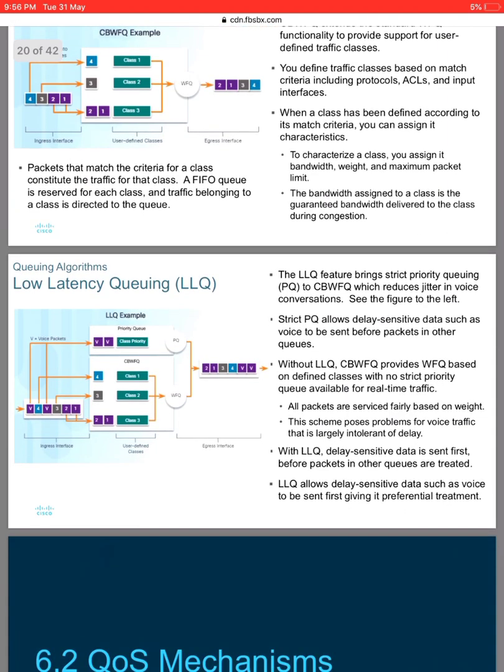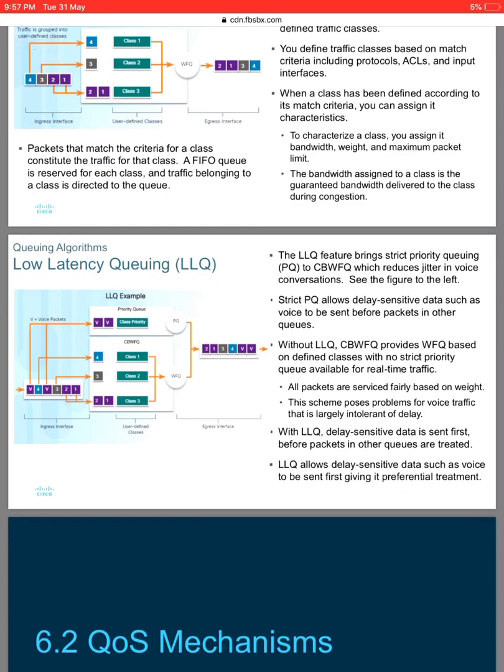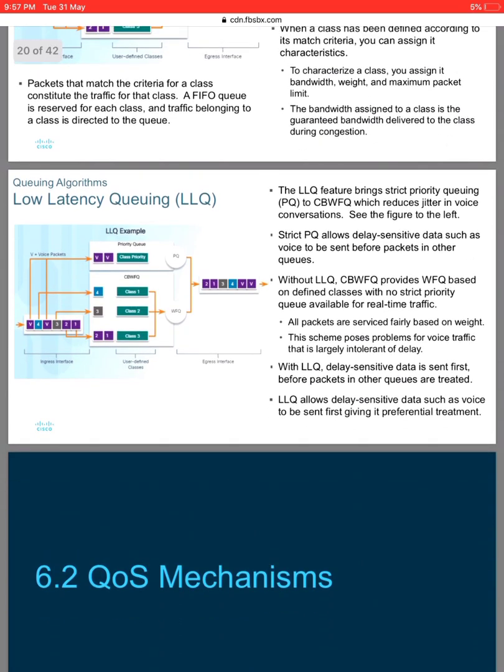When a class has been defined according to its match criteria, you can assign it characteristics. To characterize a class, you assign it bandwidth, weight, and maximum packet limit. The bandwidth assigned to a class is the guaranteed bandwidth delivered to the class during congestion. The packets that match the criteria for a class constitute the traffic for that class. A FIFO queue is reserved for each class, and traffic belonging to the class is directed to that queue.